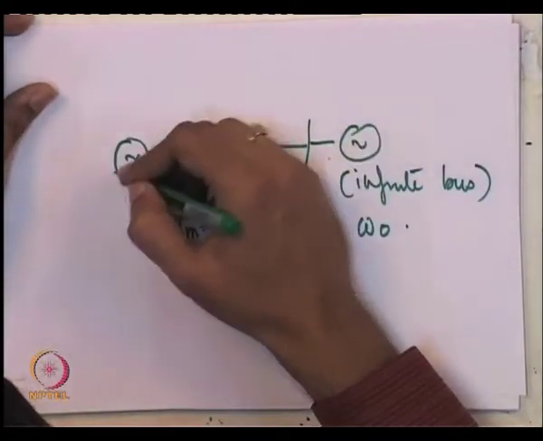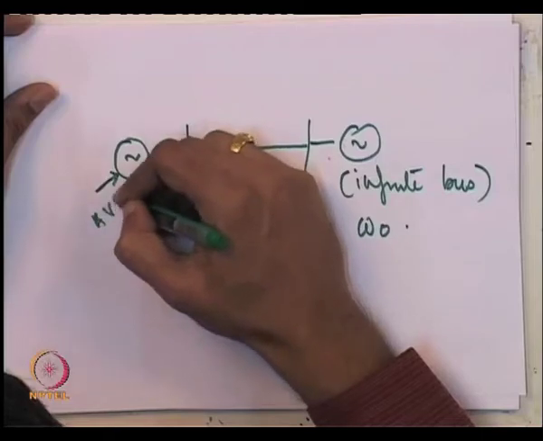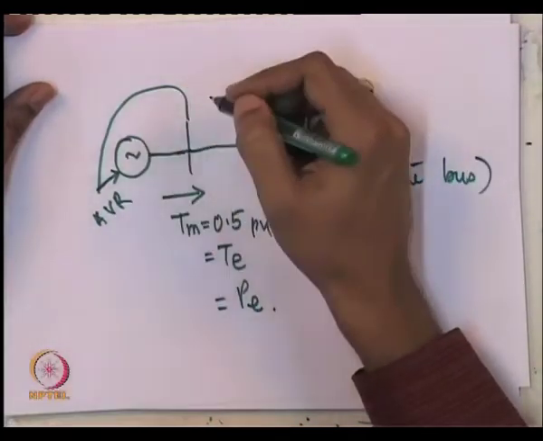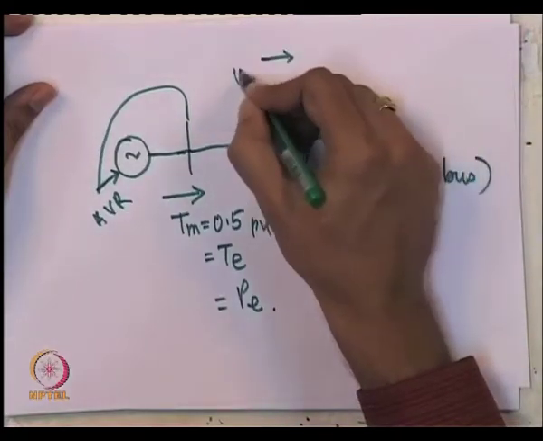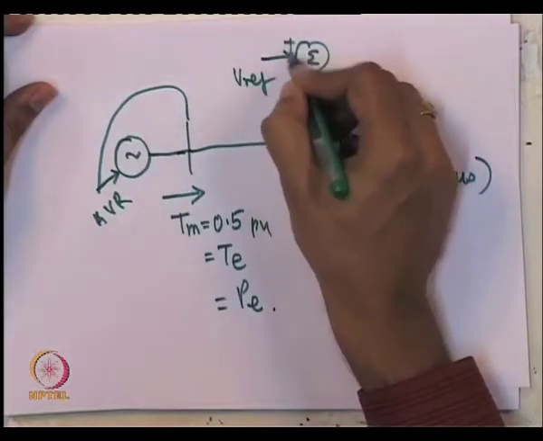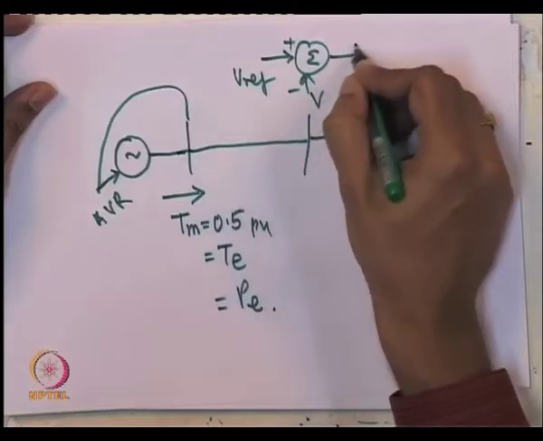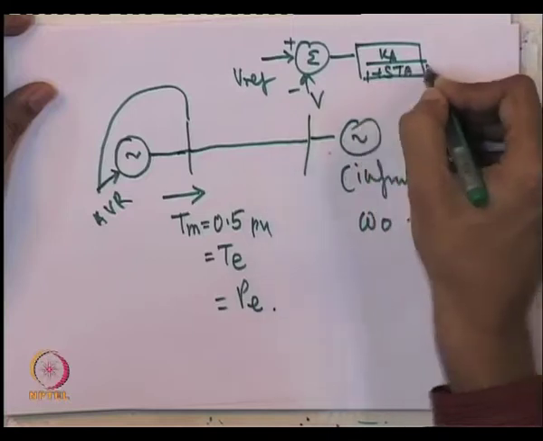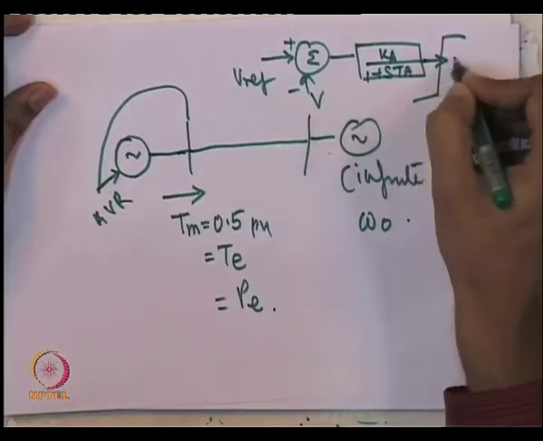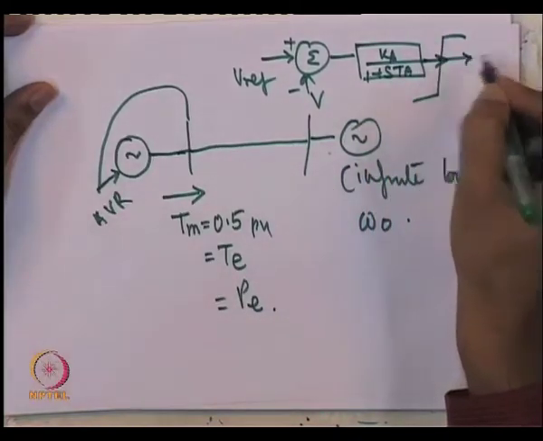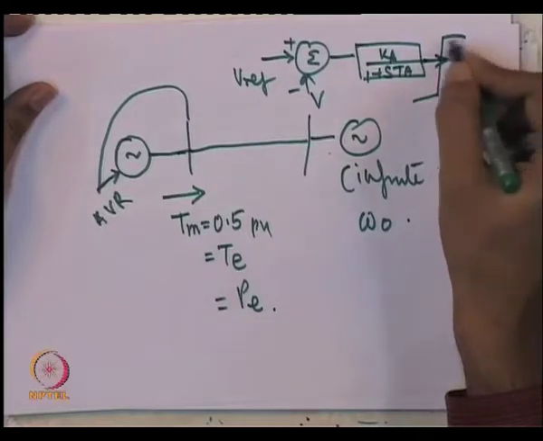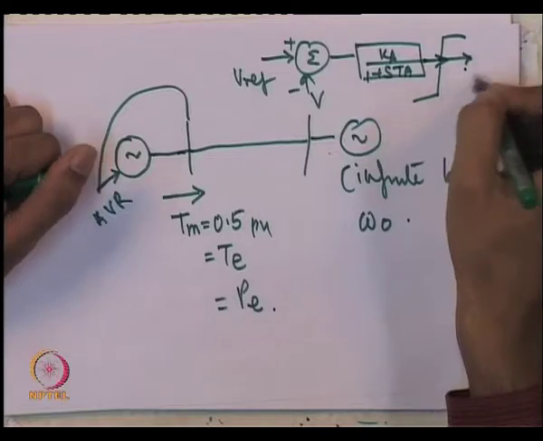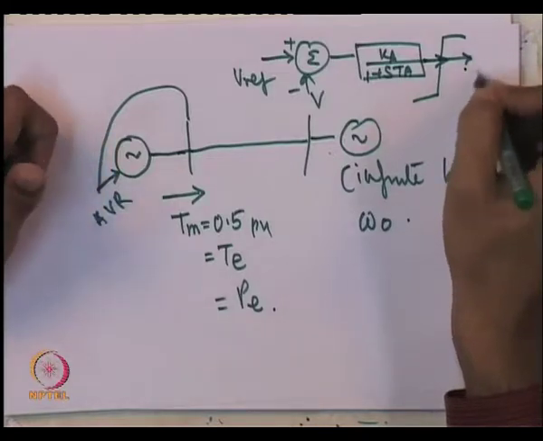This generator is equipped with an AVR, which maintains the terminal voltage of the generator almost at a constant value. The AVR basically has a structure: Vref, V, a proportional controller, and this is the voltage which, through a static excitation system, is applied to the field, which really creates the field flux.